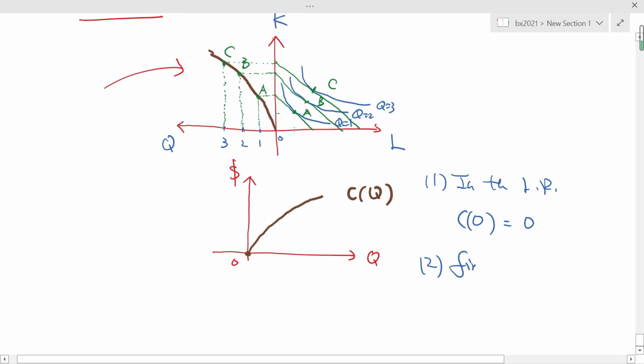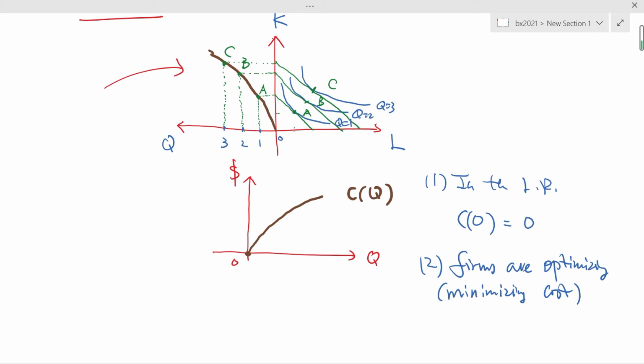Given that the firm is minimizing cost, to be more specific, given that I want to produce 2 units of output, I need to do it in the best way. I need to choose the bundle that's cheapest, to minimize the cost. So that's the long run cost function.